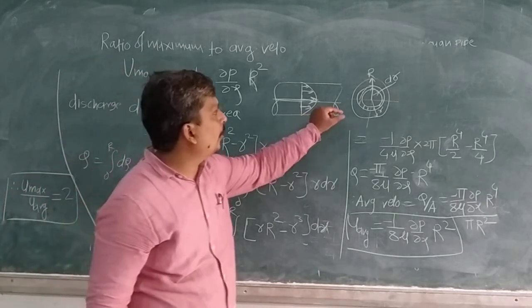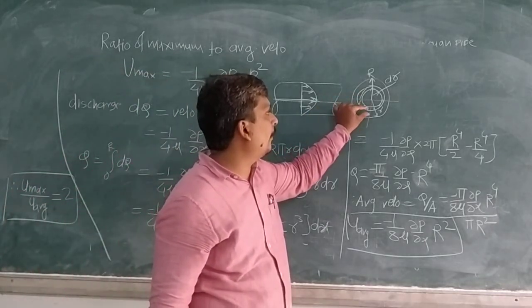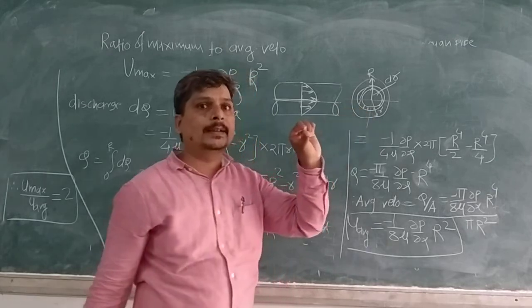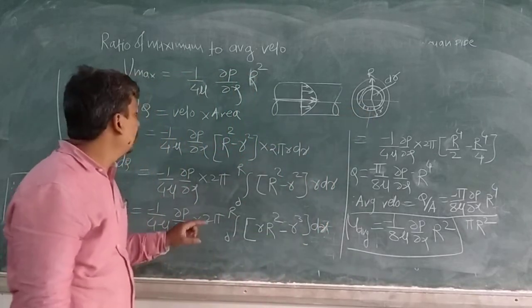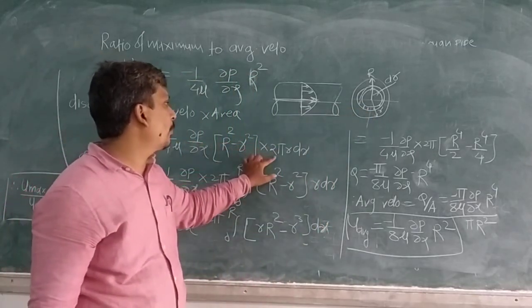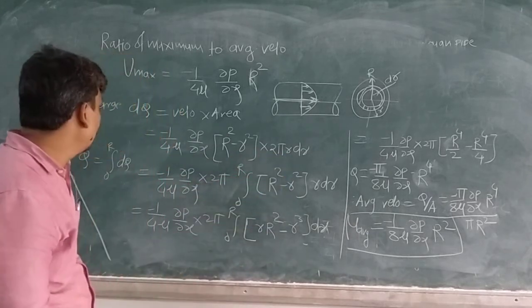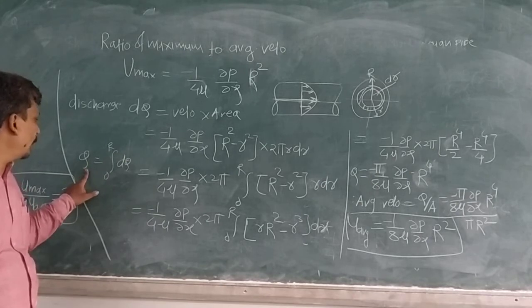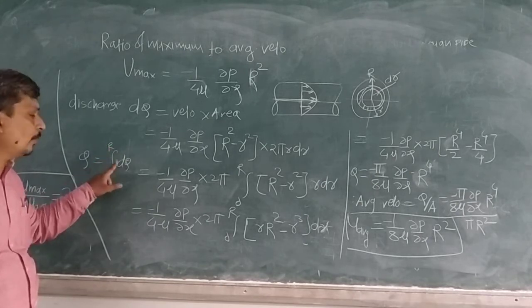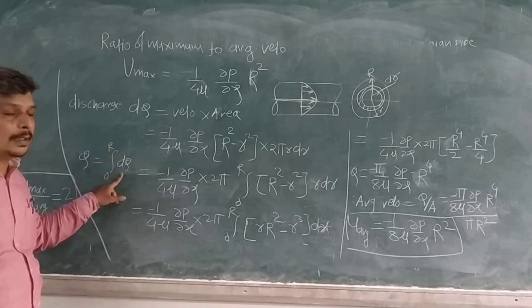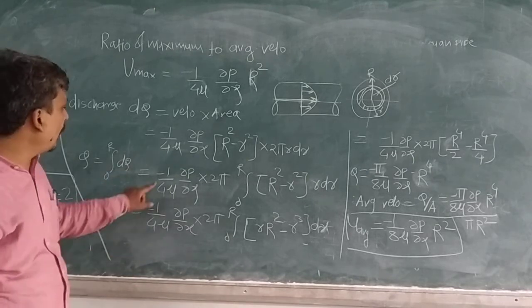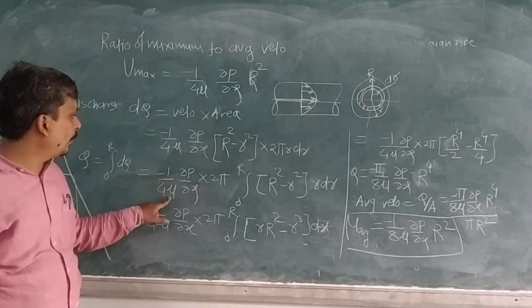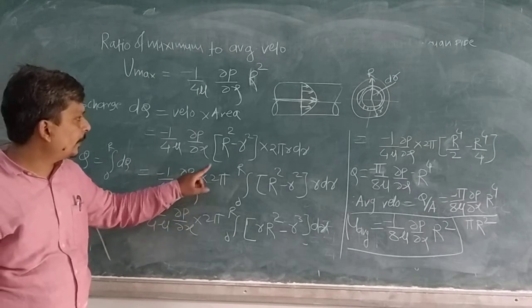We consider a smaller element of radius small r and thickness dr. Then the area for the flow is 2 pi r dr. So this is dQ. The total discharge is the integration from 0 to R of dQ.